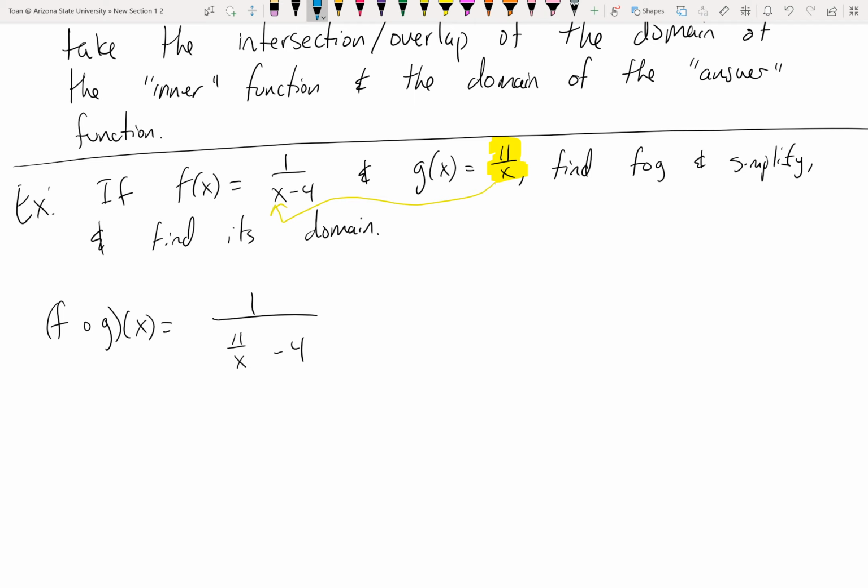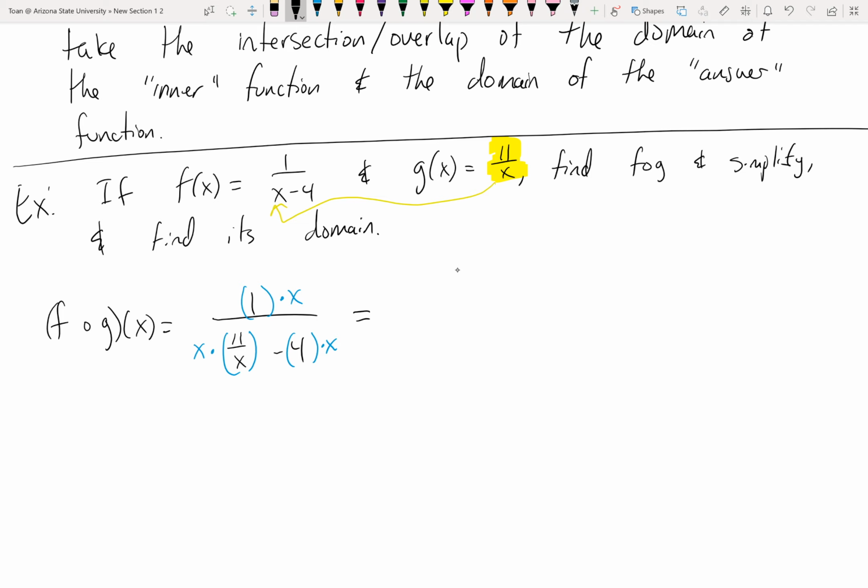The technique of simplifying the compound fraction is called clearing the fraction. You want to multiply every single term in the expression by the lowest common denominator. Now in this case, we only have one denominator, this x here. So we're going to multiply every single term by x. The 1 gets times by x, this fraction gets times by x, and this 4 gets times by x. What happens is all of the inner denominators should cancel.